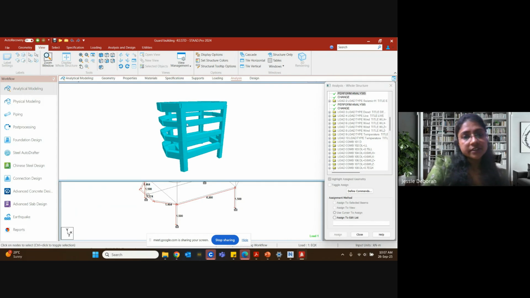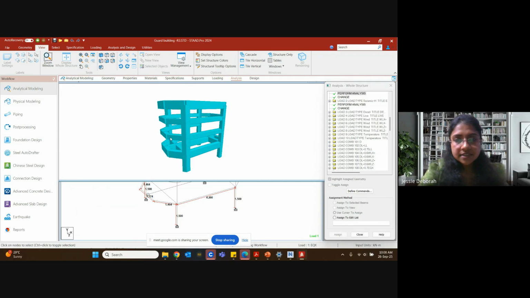Cut lintel is given at locations where doors and windows come. So this mostly will not have any load. Okay, so we will not consider loads on that. This is going to be your major one.